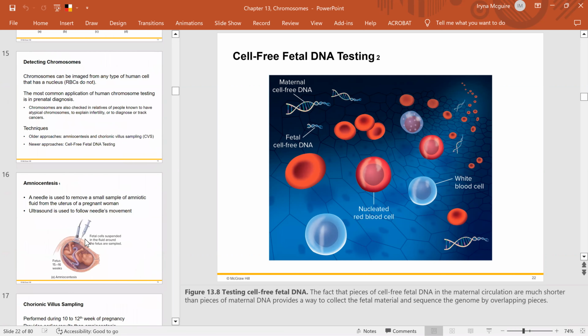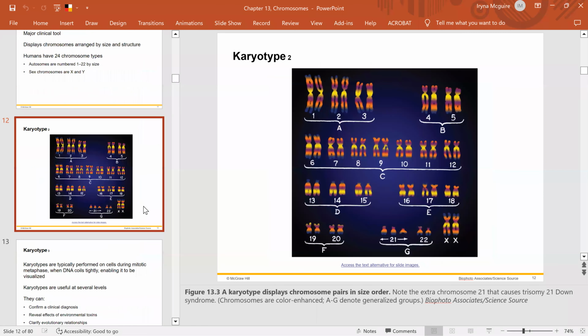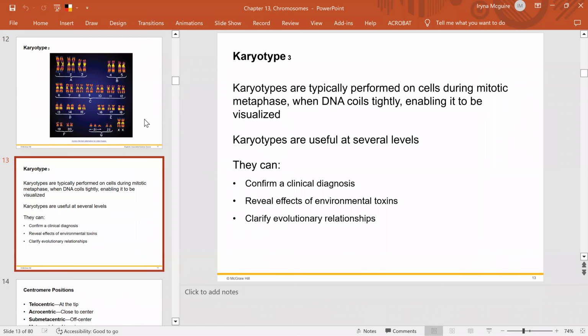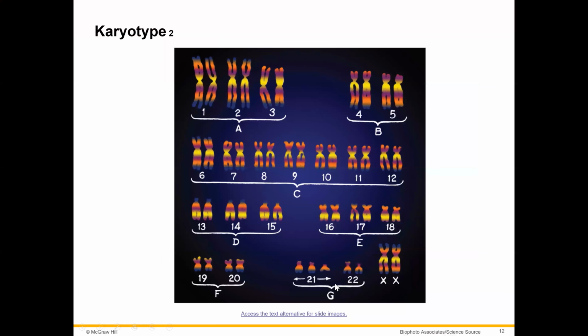Now, what are we talking about here? Well, if we believe that a baby might have some genetic disorder, for example Down syndrome, we can construct the karyotype. So for example, this karyotype shows us we have one extra chromosome, so that's Down syndrome. But how to obtain this DNA from a baby who is not born yet?